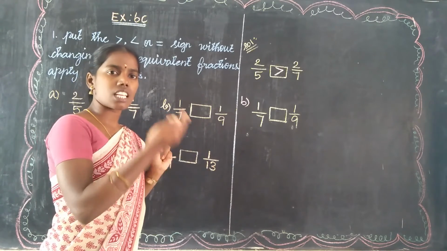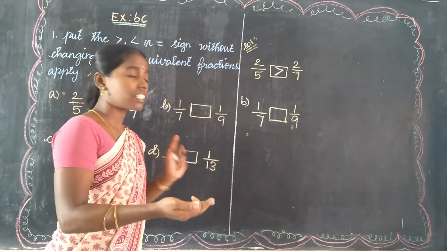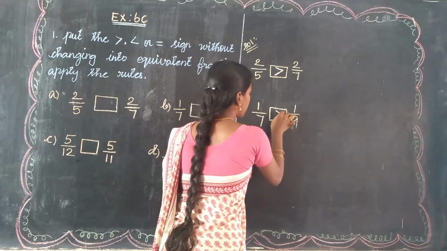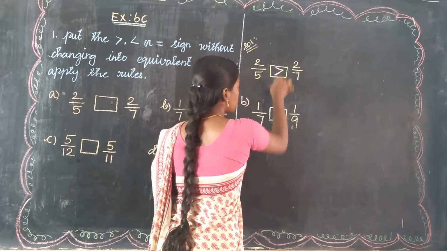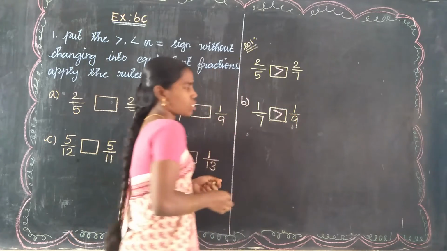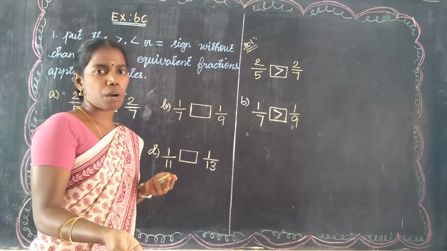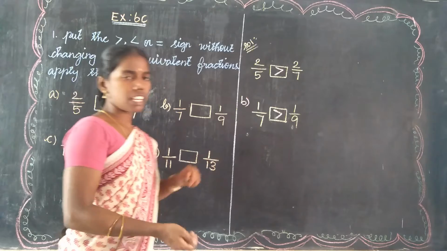Which one is the greatest? 9 is the greatest single value, but this is a fraction. It is the same procedure: when the denominator is higher, the value of the fraction is lower. So 1 by 7 is the greatest value.